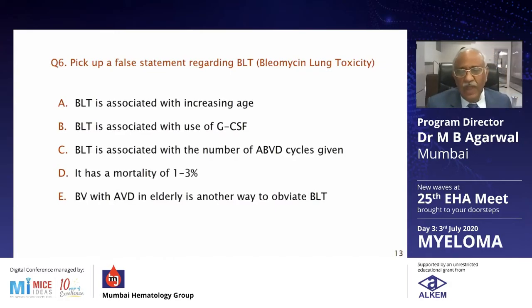BLT has got a mortality of 1 to 3%. Brentuximab vedotin given with adriamycin, vinblastine, dacarbazine in elderly is another way to obviate bleomycin lung toxicity. One of the statements is wrong. Your time starts now.